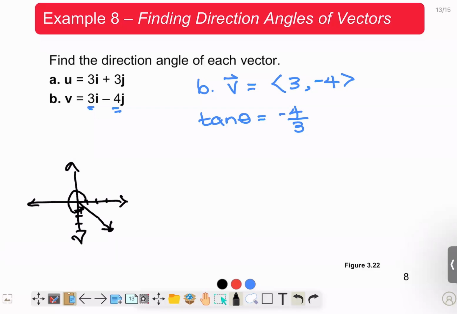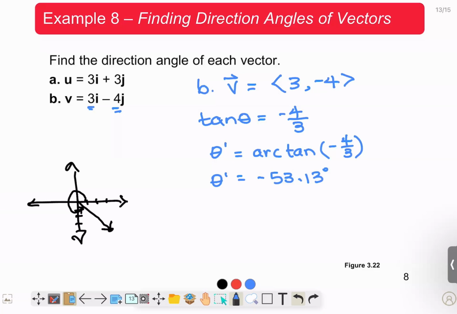So if I use my calculator to get arctan, I'm not going to call this theta, I'm going to call it theta prime because it's going to end up being a reference angle. But that gives a negative angle, and I'm going to give it in degrees. It's about negative 53.13 degrees. That is not the direction angle. The direction angle should be positive.